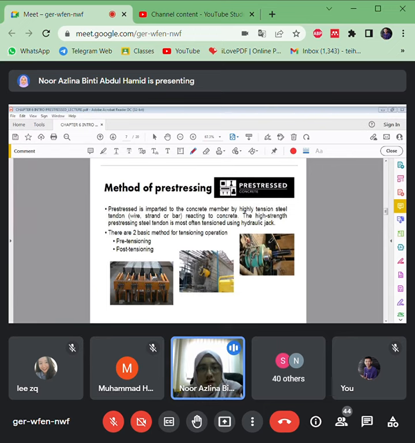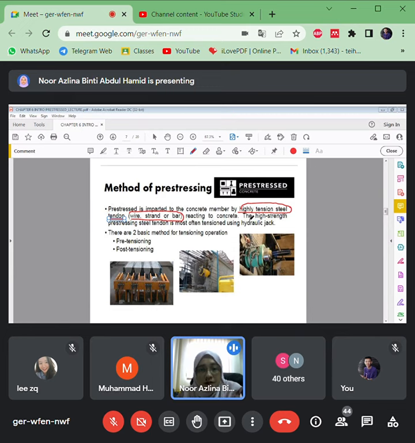All right, so pre-stressing needs high tension steel reinforcement that we call a tendon. It consists of wire, strand, and also bar, but it should be of high quality, high strength reinforcement.